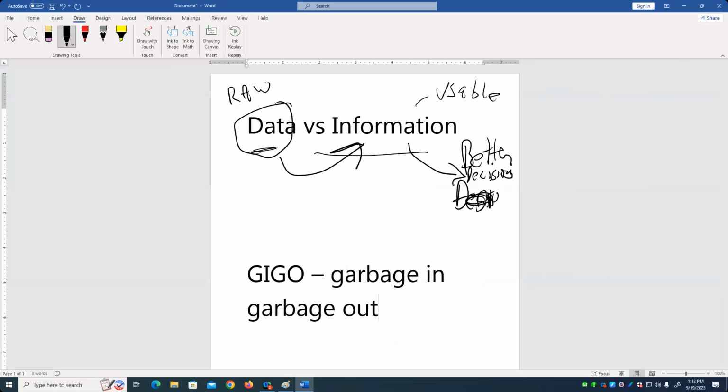In other words, if you put bad data in, you can't possibly get useful information from it. All right. The second truism is the more flexible you can be in taking that data and transforming it into information, the better you're going to be.